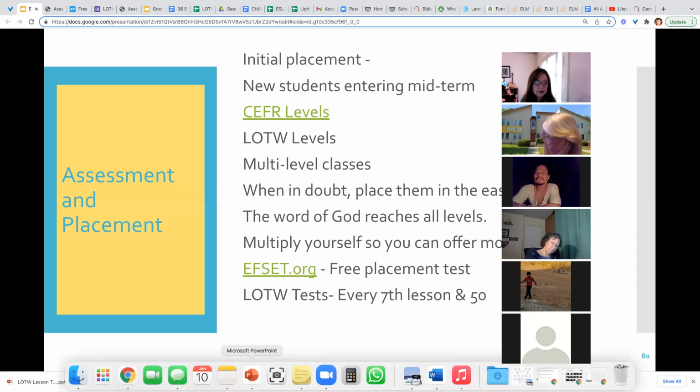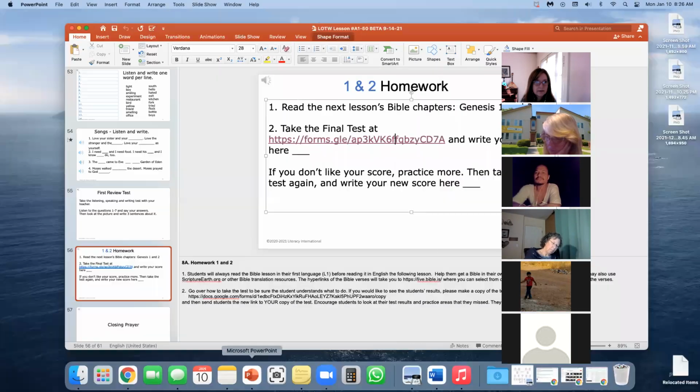So if you go to lesson 50, near the end of the lesson, it'll have the link to take the final test. So there is an online test that they can take. This is just multiple choice, and it measures basically their reading comprehension and grammar comprehension.